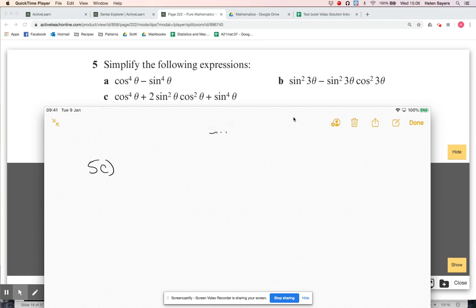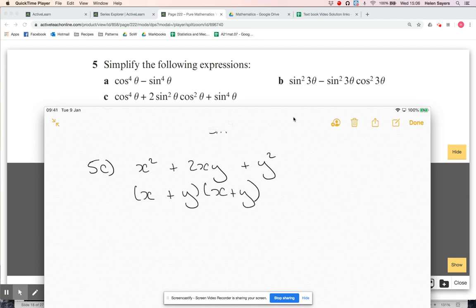But if you spot, so if I just write something that looks a lot simpler, right? So that can factorize to x plus y, yeah?